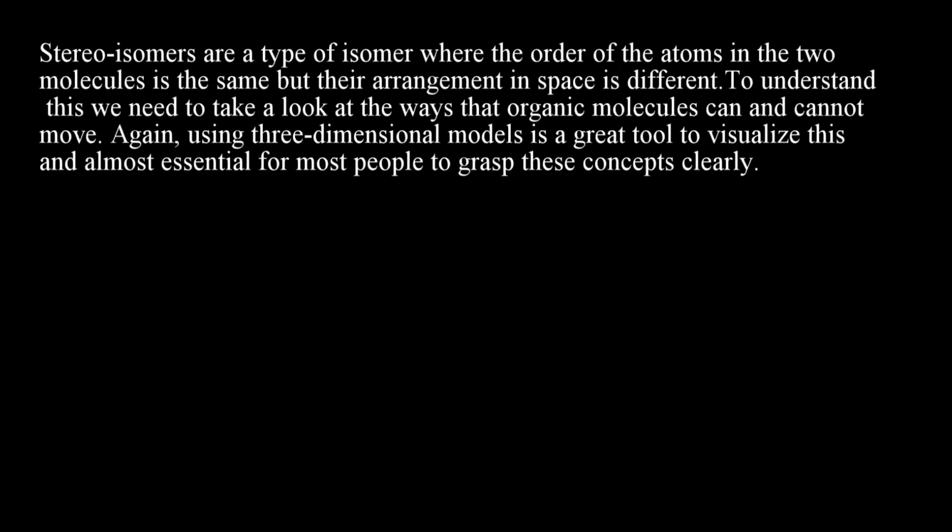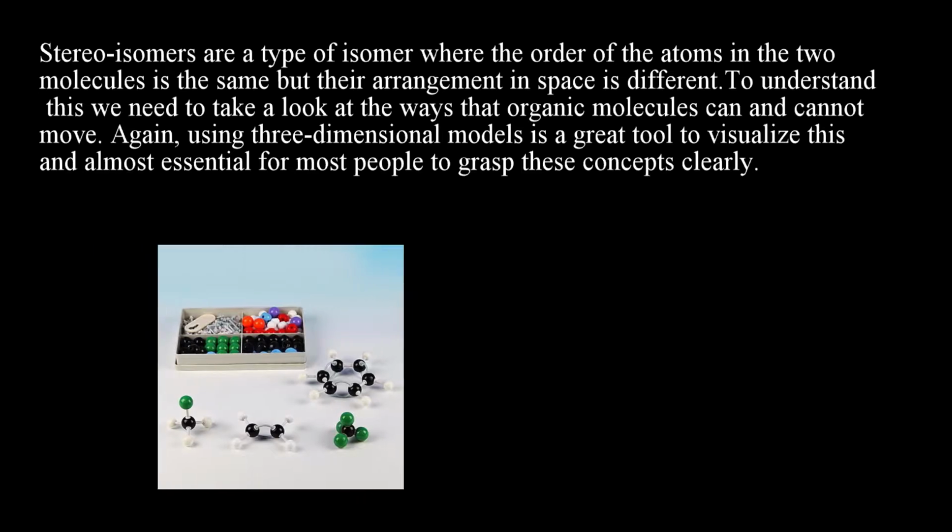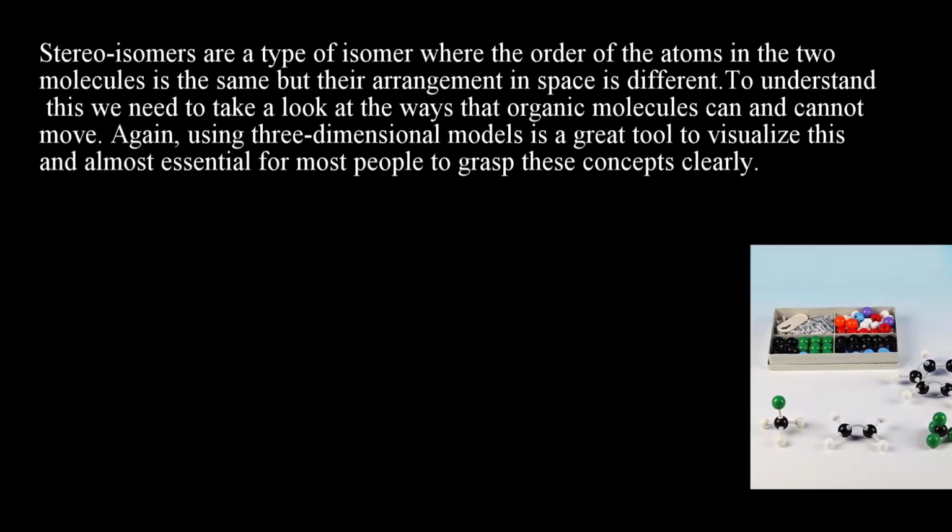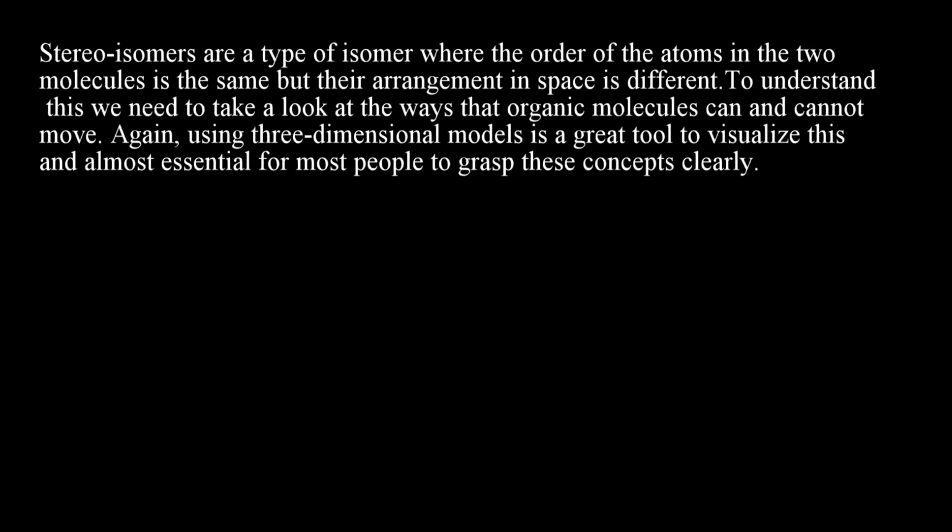Stereoisomers are a type of isomer where the order of the atoms in the two molecules is the same, but their arrangement in space is different. To understand this, we need to take a look at the ways that organic molecules can and cannot move. Again, using three-dimensional models is a great tool to visualize this and almost essential for most people to grasp this concept clearly.